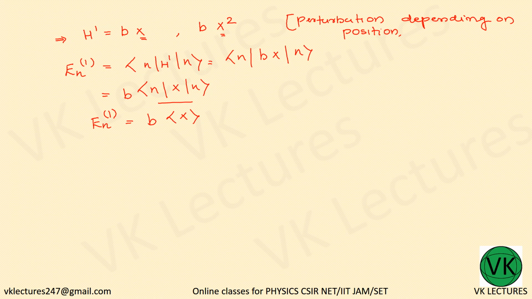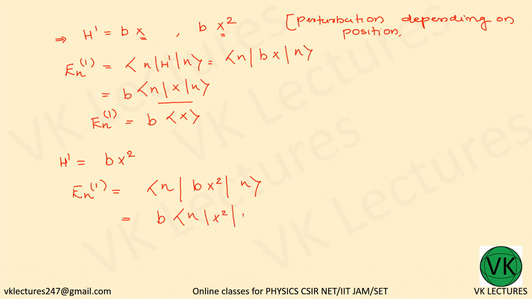Similarly, if H dash is equal to bx squared, then the first order correction to energy is given by <n|bx squared|n>. We will get b, which is constant, times <n|x square|n>. That is equal to b into the expectation of x square.